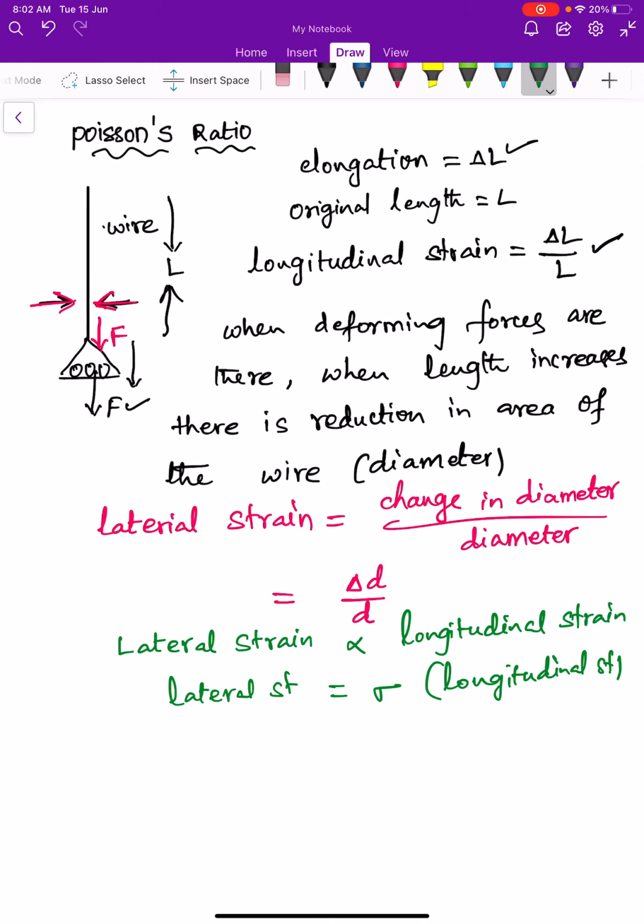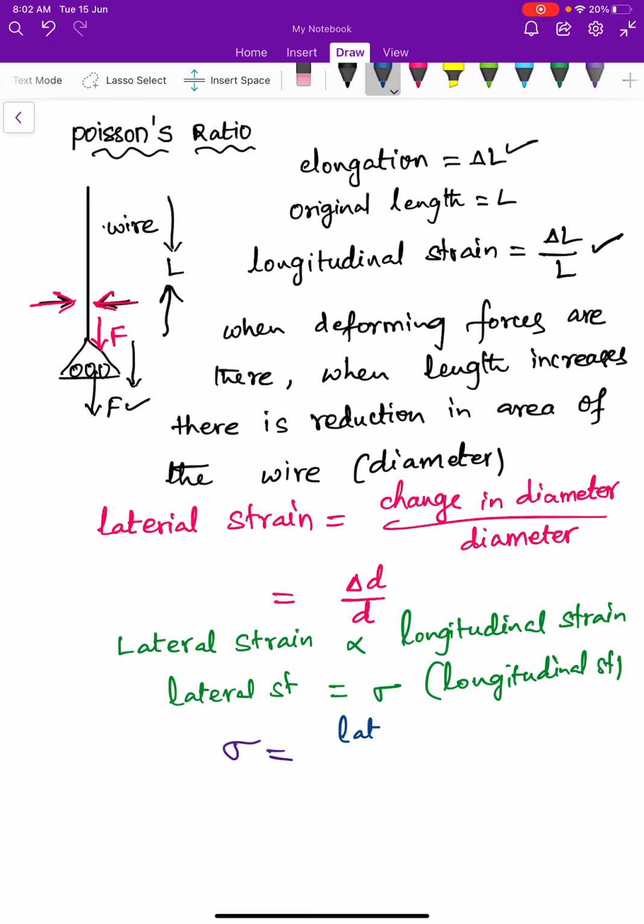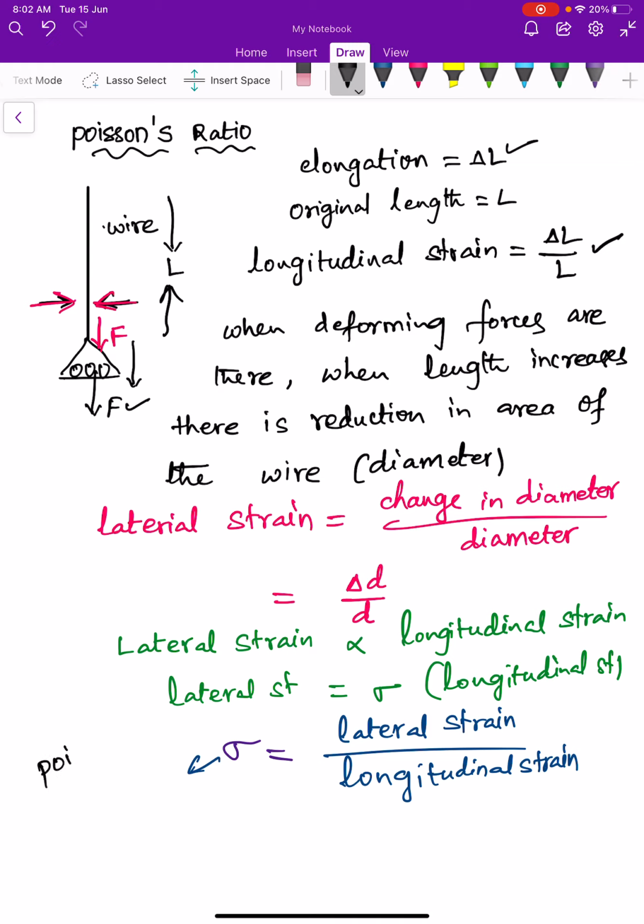Therefore, the constant sigma is equal to lateral strain divided by longitudinal strain. This ratio of lateral strain to longitudinal strain is called Poisson's ratio. We call this sigma Poisson's ratio.